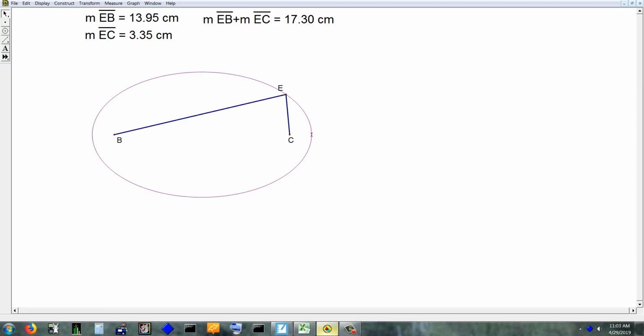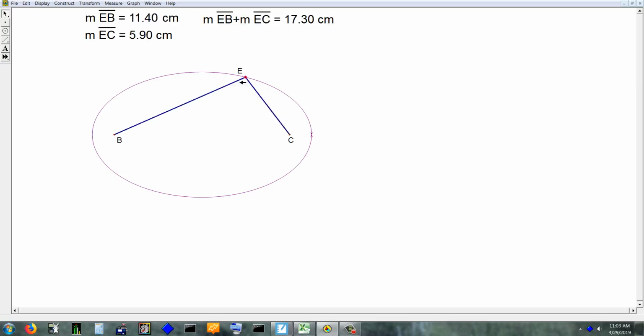And as I drag it, I'm going to keep track of that distance from B to E and that distance from C to E. So you're going to see these two numbers change as I drag point E. But what's not going to change is this number. When you add up those two numbers on the left, it's always going to equal 17.3 for this particular ellipse.